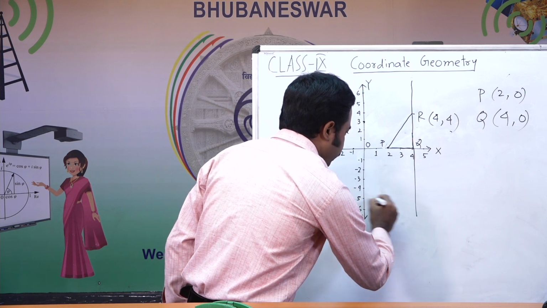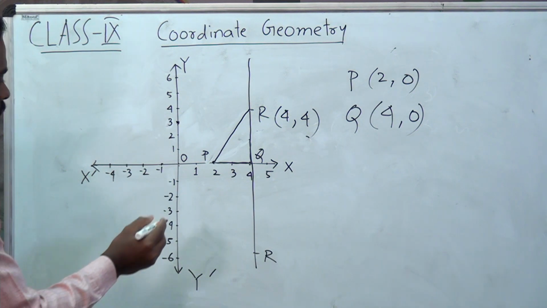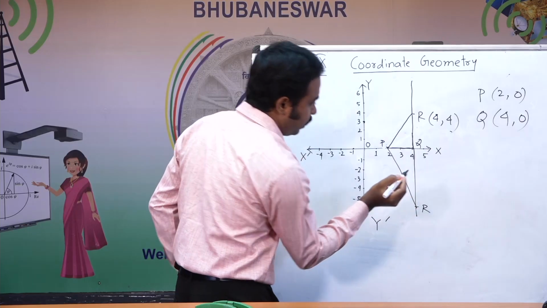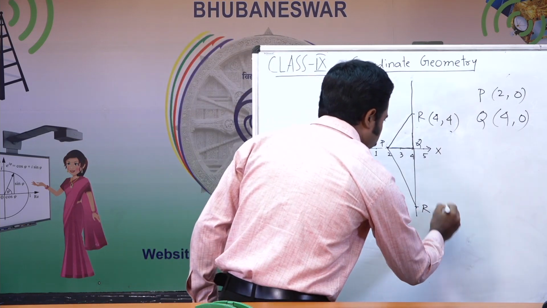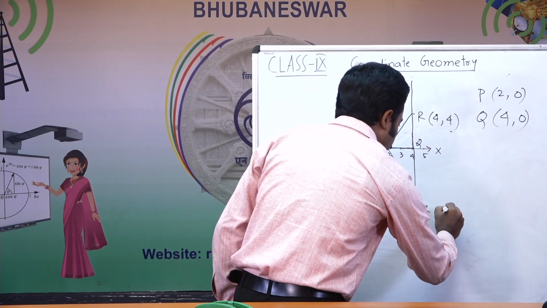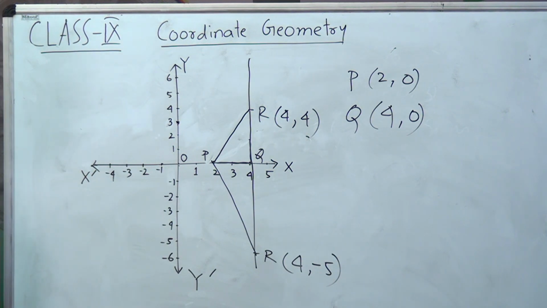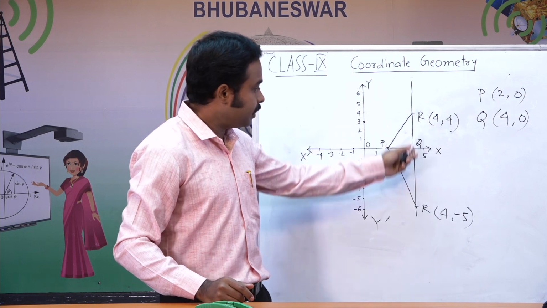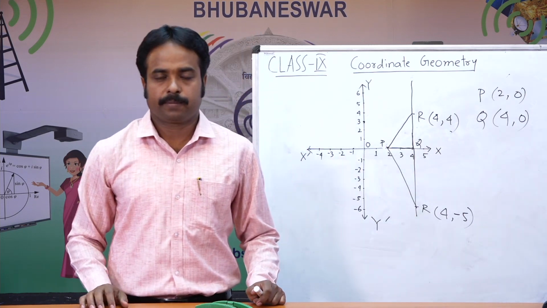So we may take here, this as R. If we join this, then again this is a right triangle. So the coordinates of the point R are 4, minus 5. So that means any point on this line will serve our purpose.